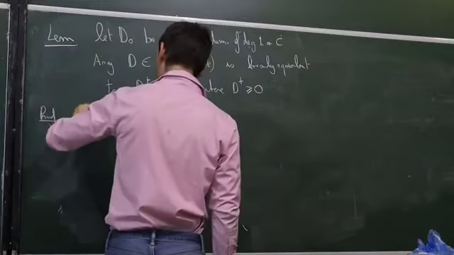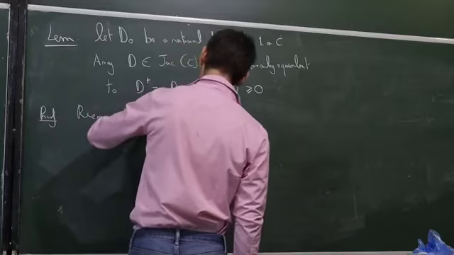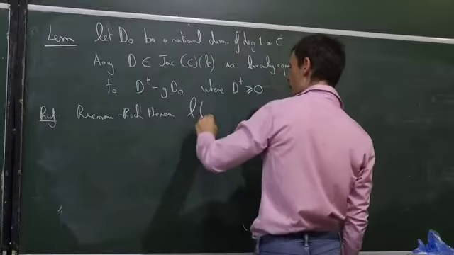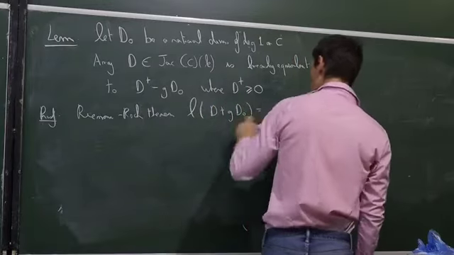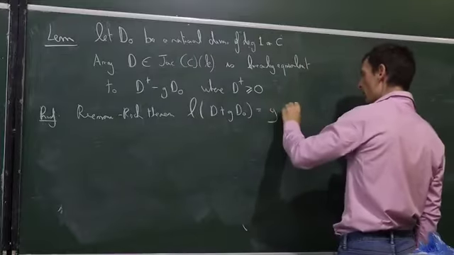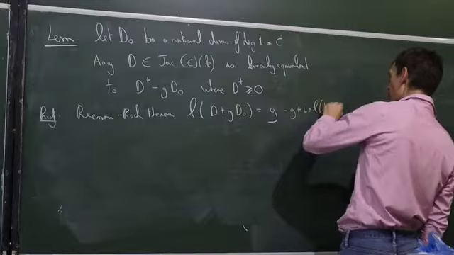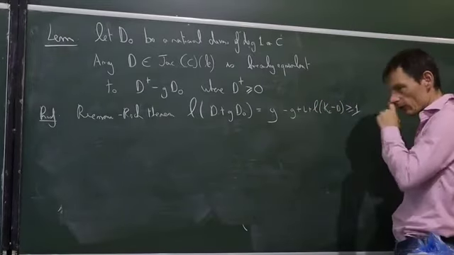Just apply the Riemann-Roch theorem. Because if you look at L of D plus G times D0, the degree is G minus the genus plus 1 plus a contribution that I don't care about. This is greater or equal to 1.